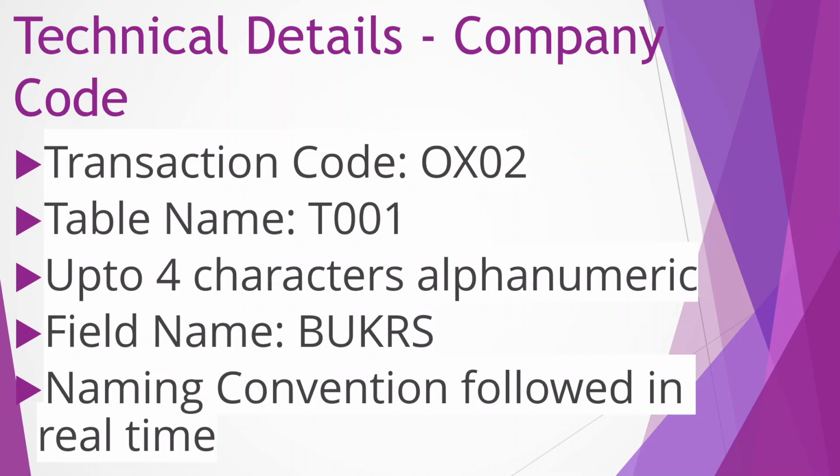Some places I have seen even 3 characters used for the company code setup. And as I said, you can have even 1 letter as a company code. Technically there is no problem in that. If you create it, the system will accept the value and save it accordingly. But in general, 1-digit and 2-digit company codes I have never seen in real-time systems.